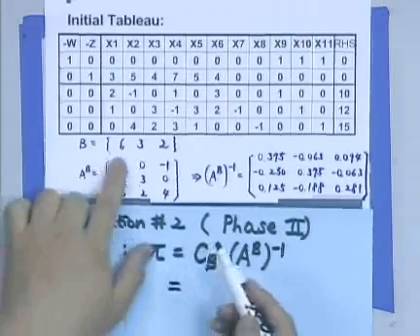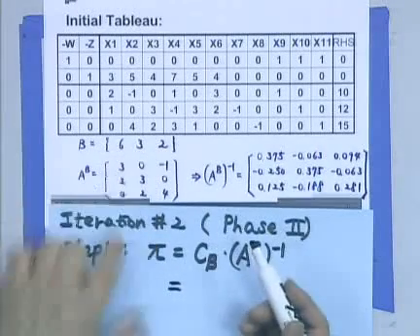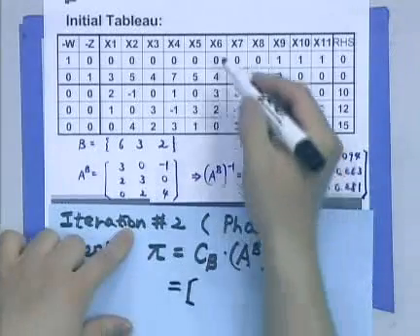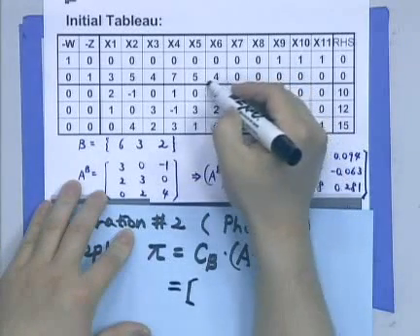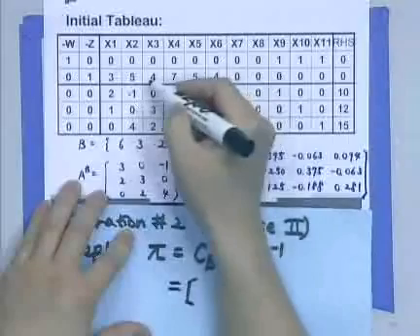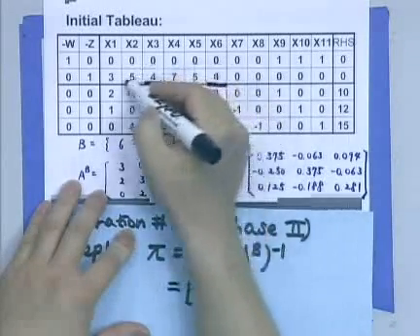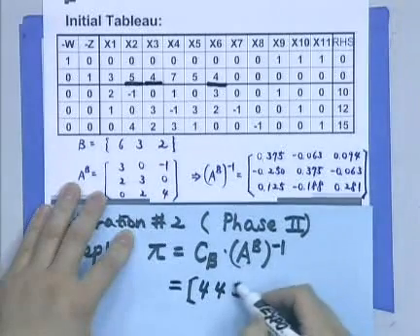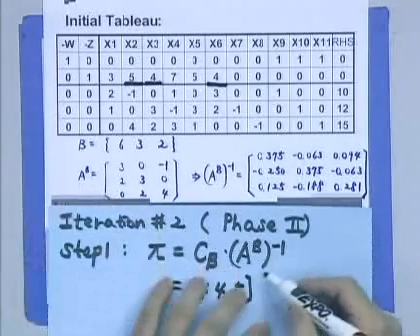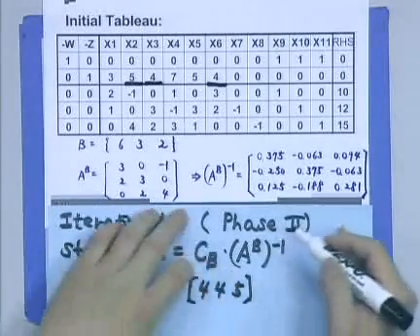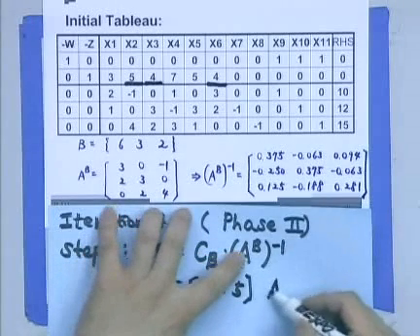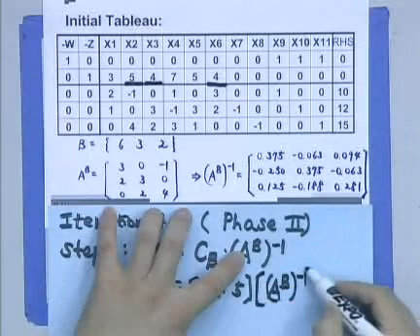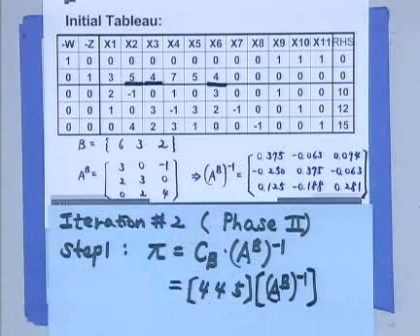And currently the basis set is 632, which means CB becomes 4, 4, 5, right? And the basis inverse matrix should be right here. Okay?